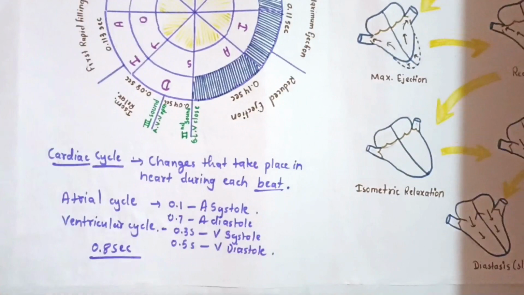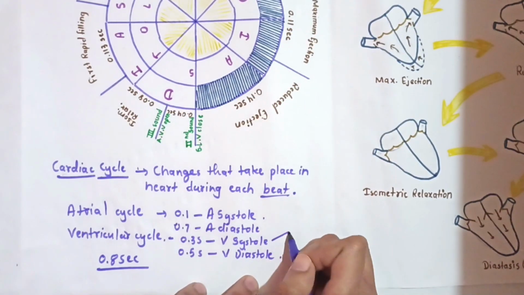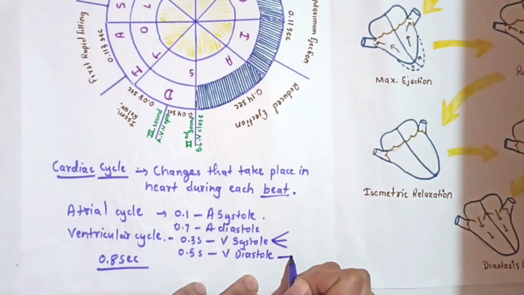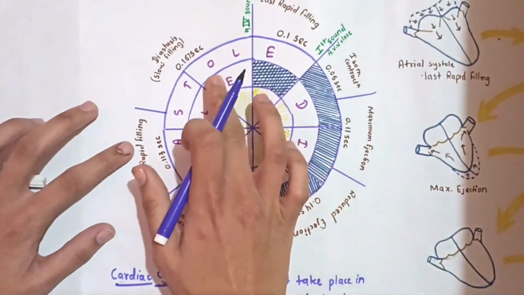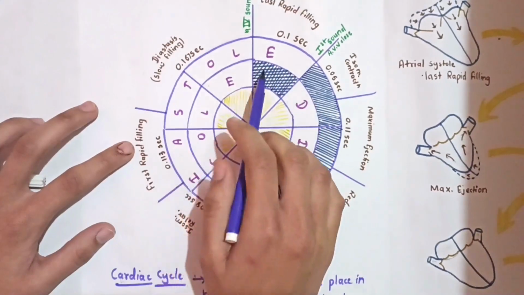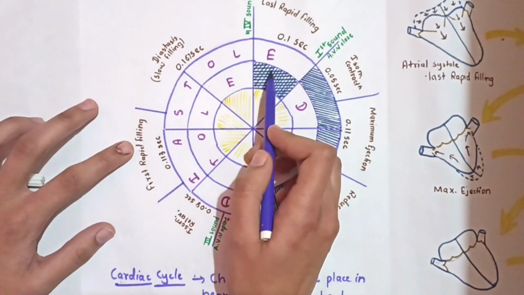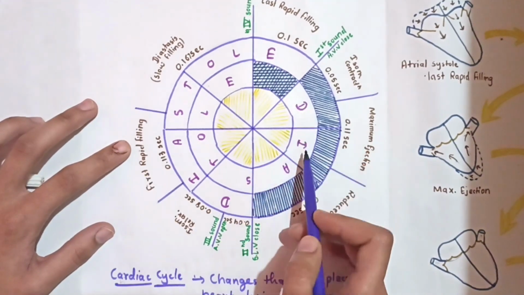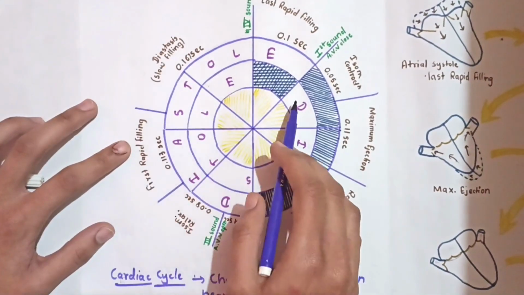Now in this ventricular cycle there is further division. There are 3 divisions in the systole phase and 5 divisions in diastole. See, this inner one is for the atrial cycle and this outer one is for the ventricular cycle. This one dark shaded is for atrial systole, and the remaining 7 is for diastole.